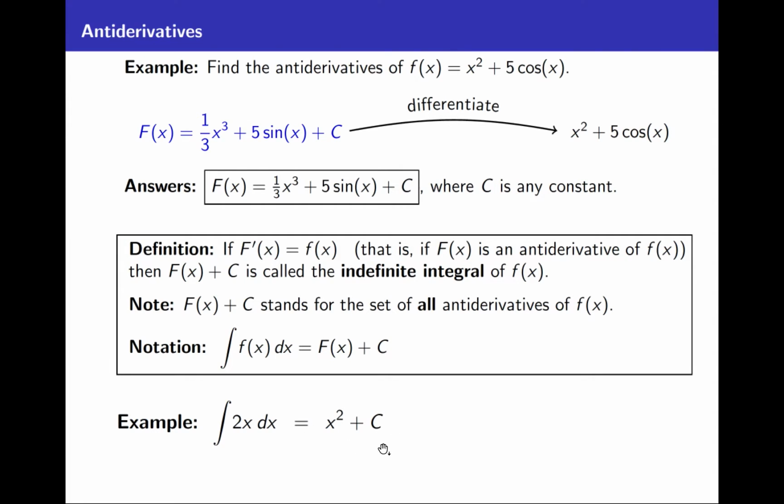That's the indefinite integral of 2x. And recycling the problem up here, the integral of x squared plus 5 cosine x dx is 1/3 x cubed plus 5 sine of x plus c. That's the set of all antiderivatives of x squared plus 5 cosine x. That's the indefinite integral of x squared plus 5 cosine of x.